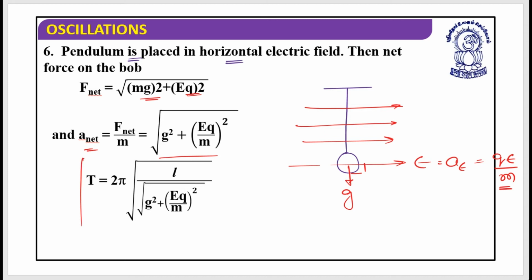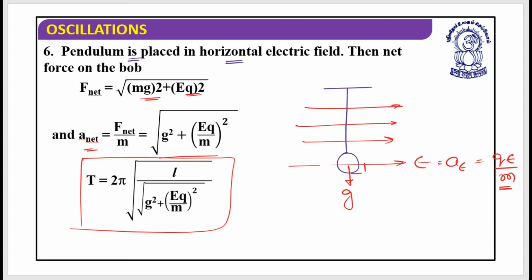So the time period of the same could be given as T equals 2 pi under root of L divided by under root of g square plus QE by m whole square. I hope this is clear. Do you have any doubts? So these are the various cases.